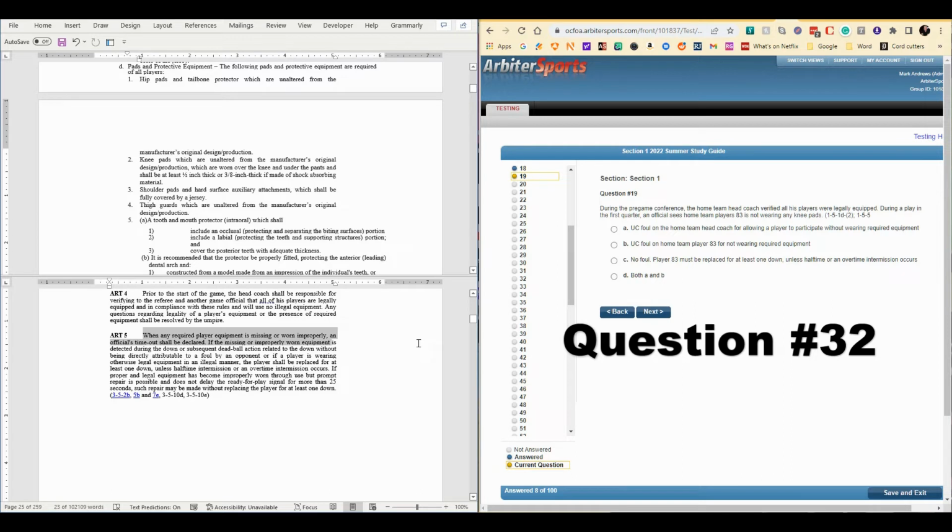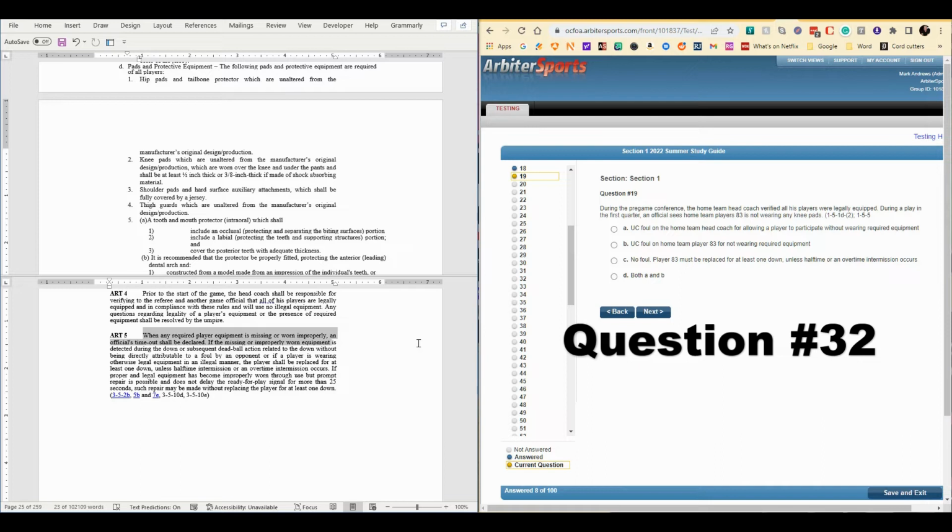If we have illegal equipment worn, the classic example is spikes on the shoes that are too long. That is illegal equipment, and that is an unsportsmanlike conduct foul on the coach. But that's the only time I think that we are going to issue an unsportsmanlike conduct foul on the coach.